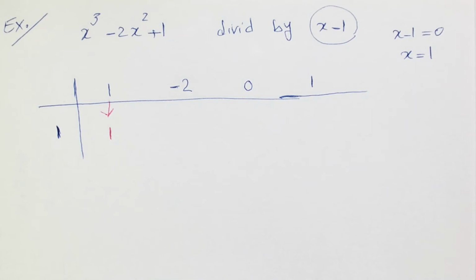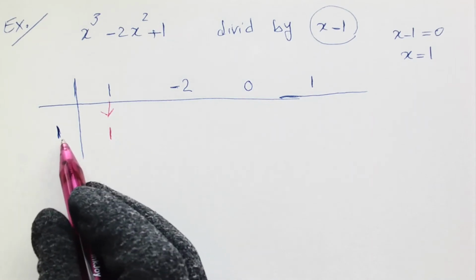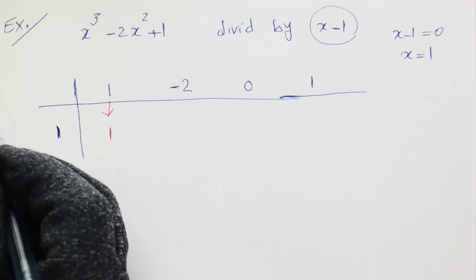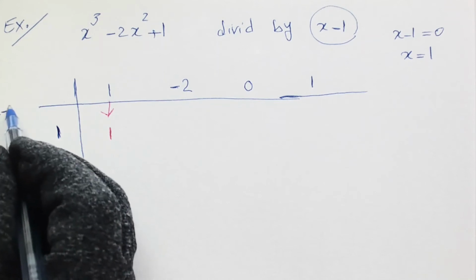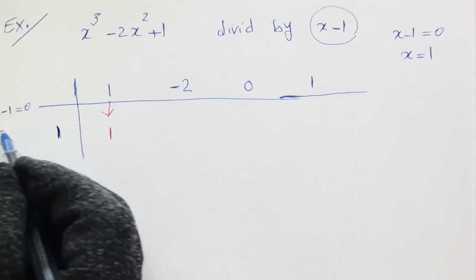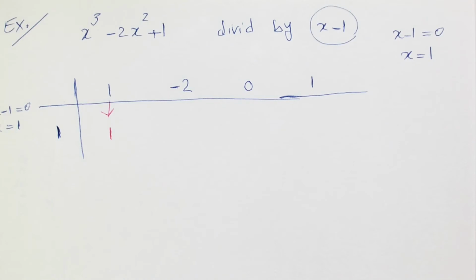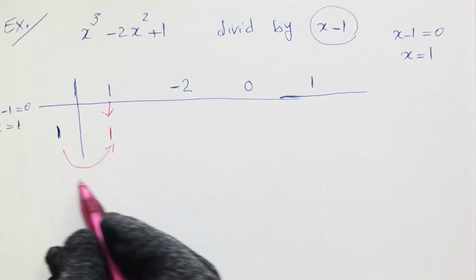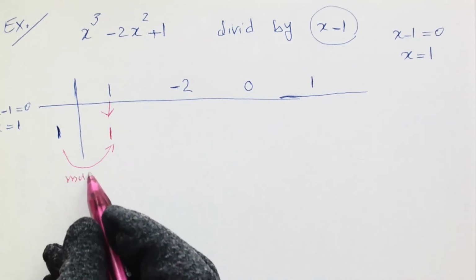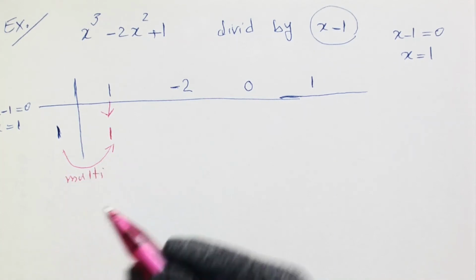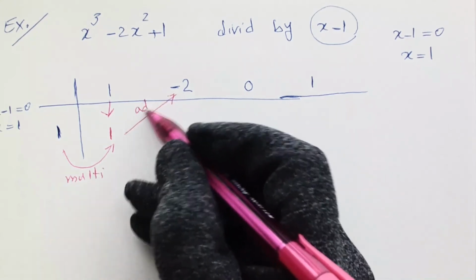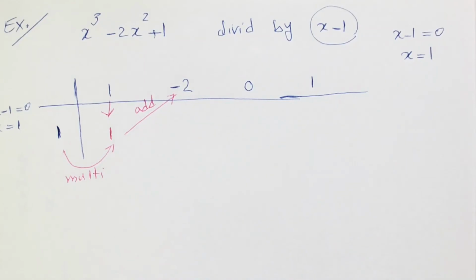So this is 1. Now we multiply the magic number, which came from putting the divisor equal to 0 and solving this equation, by this coefficient, and any number that we get, we add it to the second number in the first row.